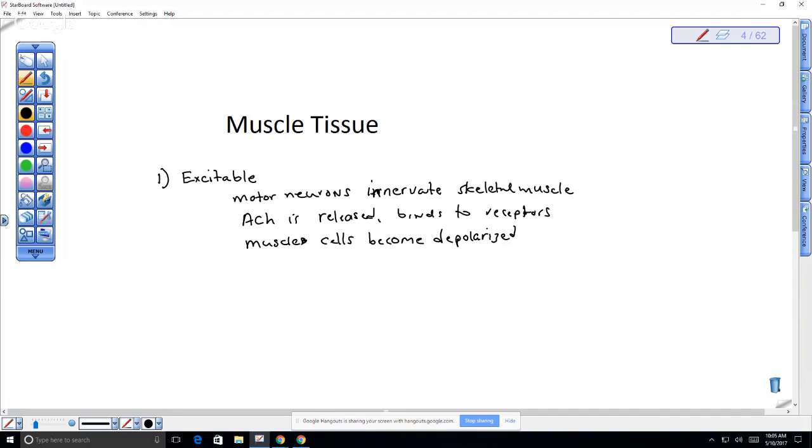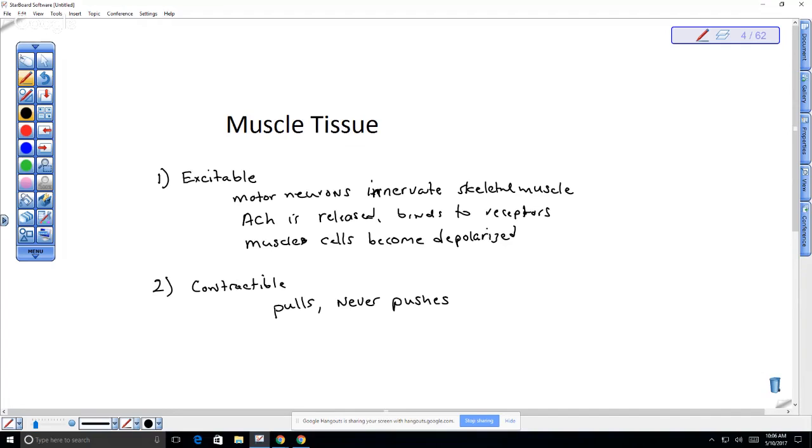The second thing that muscle tissue has to be able to do is it has to be contractible. So that means that it has to change shape. And one of the things about muscle tissue is that it pulls, but it never pushes. So when we're looking at movement, like raising your arm, for example, that has to do with muscles pulling on the bone, not muscles pushing on the bone.